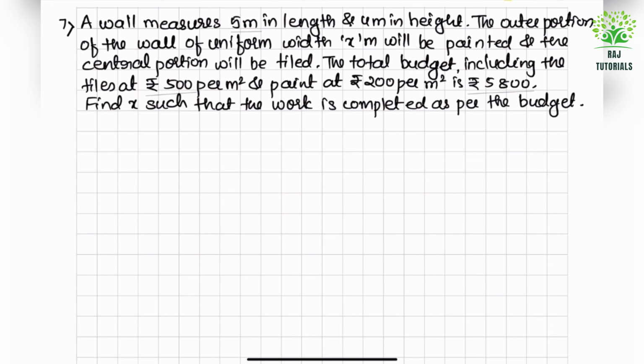Find x such that the work is completed as per the budget. So here I can say length of the wall is 5 meter, height of the wall is 4 meter.